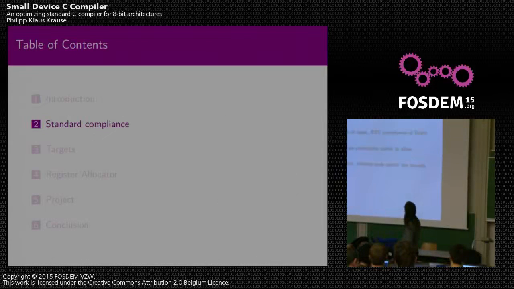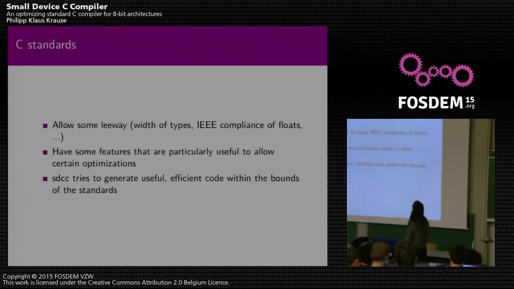Okay. Let's go on to the standard compliance. Well, the C standards are not as strict as some other language standards. They allow the implementation some freedom, and we can use that to get efficient code for those small targets. For example, the width of integer and pointer types, and so on. There's some freedom in there.